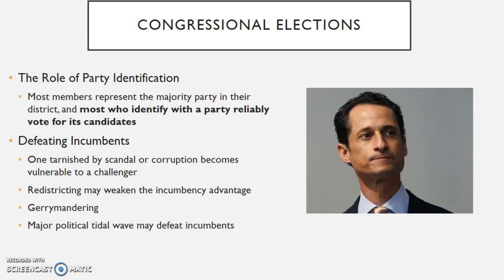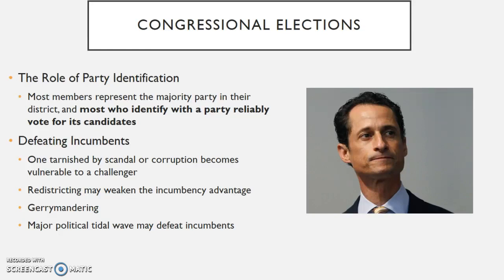So that can be problematic, as we know with gerrymandering. Also, sometimes big tidal waves can defeat incumbents. We saw this in 2010 and 2012 with the Democrats losing substantially in the Senate, also in the House, when there was sort of this anti-Obama tide at that point.